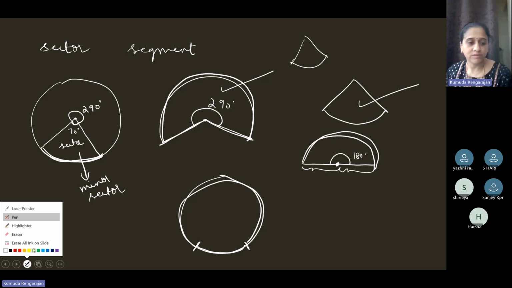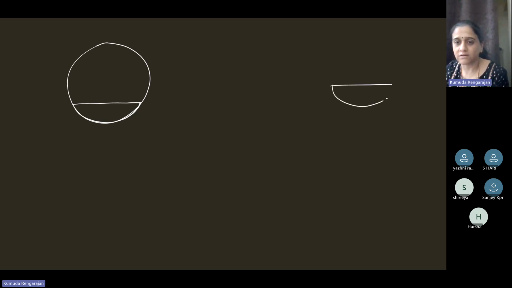That's about a sector. A segment of a circle is a region bounded by a chord and an arc. The region of the circle bounded by a chord and an arc. Chord, arc. Segment.